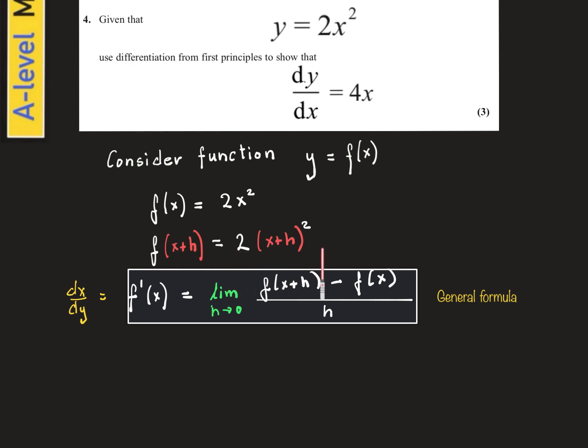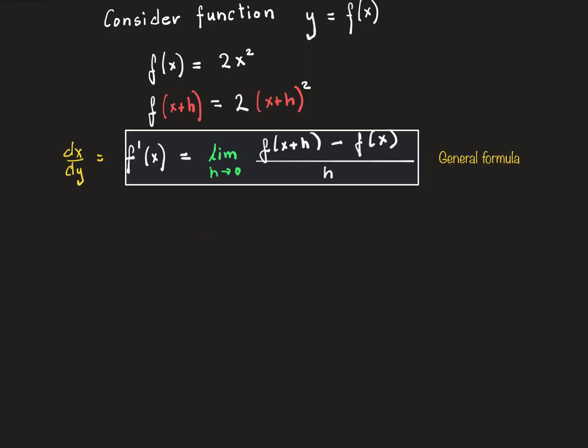So these two equations should be here, plus the general formula. Now what we're going to do is substitute these into our general formula. So our derivative function is now going to be, and every time we will write the limit as h approaches 0.